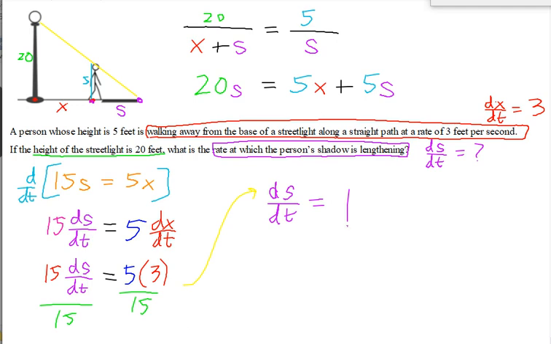And then to get the correct units, the units for S, the shadow length in this case, is just a length, so that's in terms of feet in this problem. And the units for time in this problem is seconds. So it is positive because, as you can see, as he walks away, the shadow length is going to get longer here. So it's increasing in size.